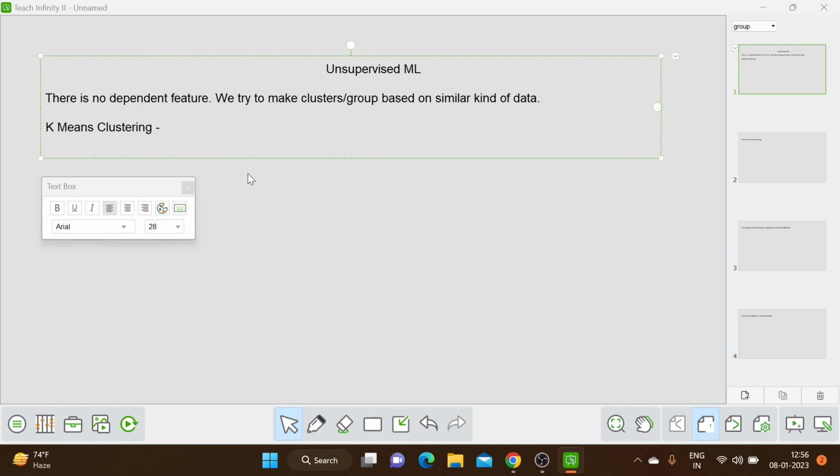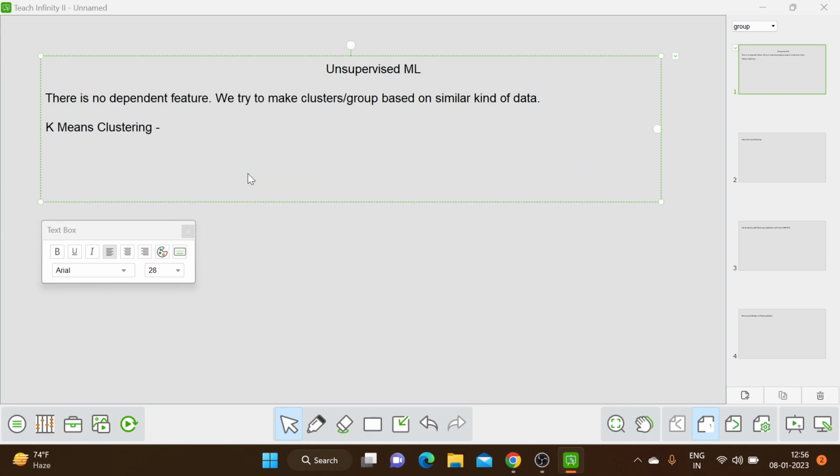In unsupervised machine learning, the first algorithm we will learn is k-means clustering. What is k-means clustering? Now we'll see. K-means clustering has various steps. So I will first write the steps of k-means clustering, then I will explain to you.